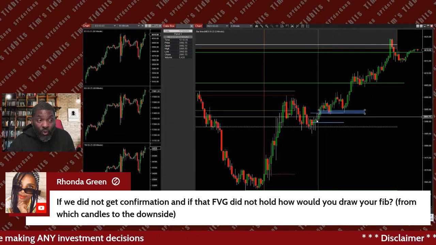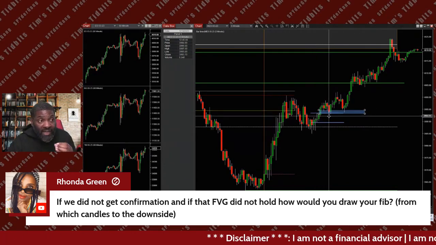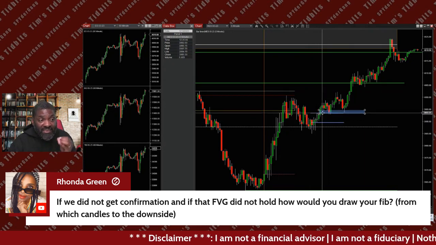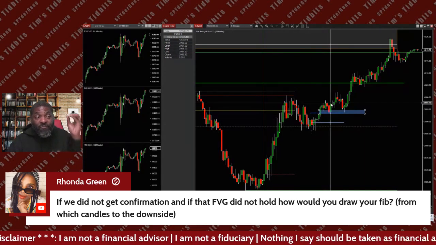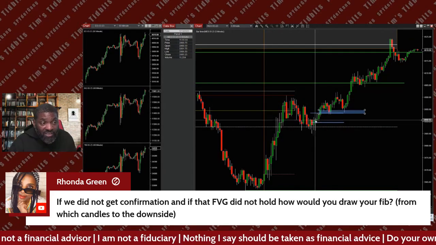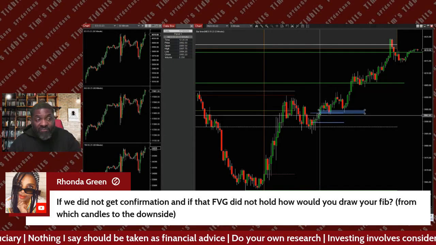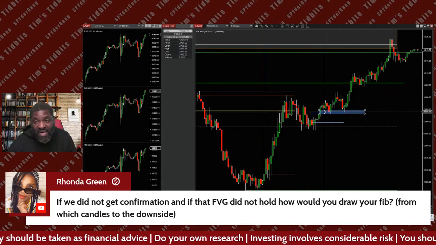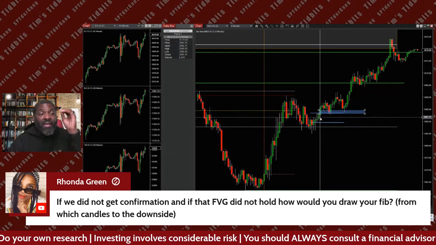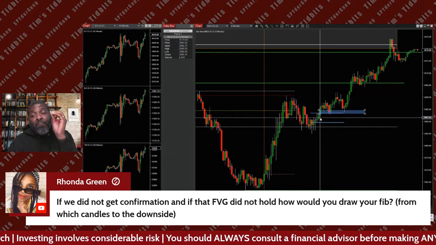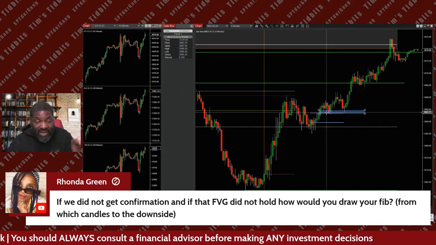Right? If you had 2 fair value gaps, you choose which one you want to enter by looking at the price action to see, did we make a breakaway gap and then form another fair value gap, like here. If we would have took off here and left a fair value gap there, and immediately after that fair value gap, we made this fair value gap, you can assume that this bottom fair value gap is going to be a breakaway gap, and they probably won't go back to it, and you can enter off of the top fair value gap.